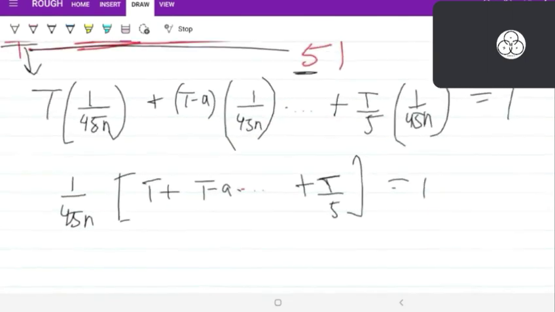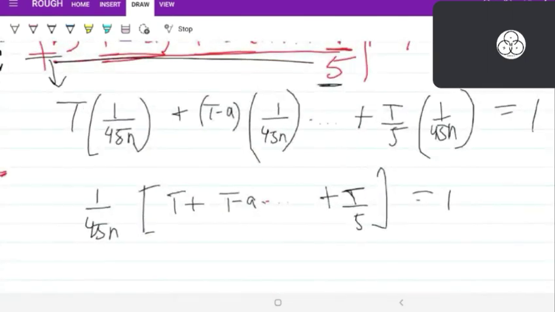Now let us focus on this. This is T, and this is T by 5. This is an arithmetic progression with n number of terms and last term T by 5.